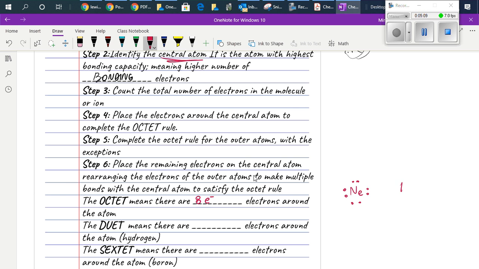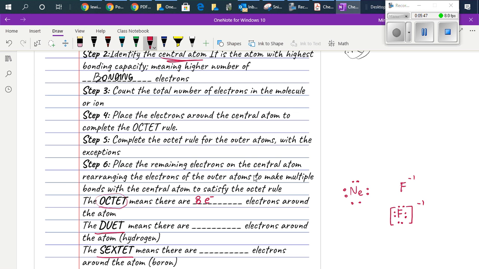When we have a fluorine ion, or fluoride, the Lewis dot diagram for fluoride is this one here. So the octet rule means that the element has 8 electrons around the atom. Duet and sextet are exceptions to the rule, so we say it's the octet rule in general.